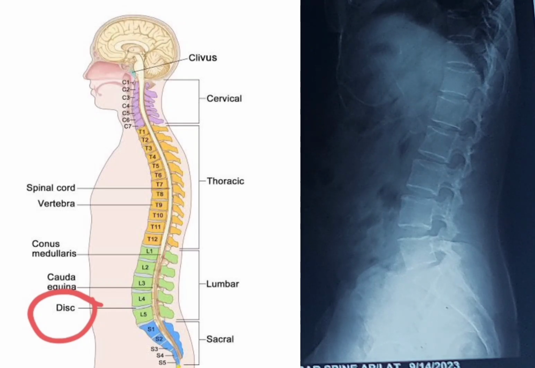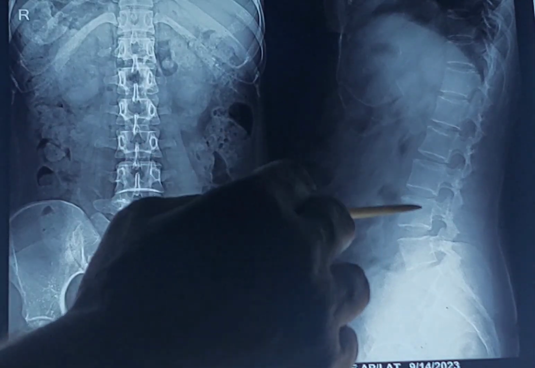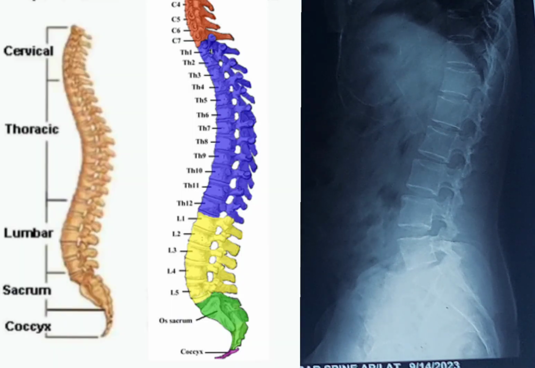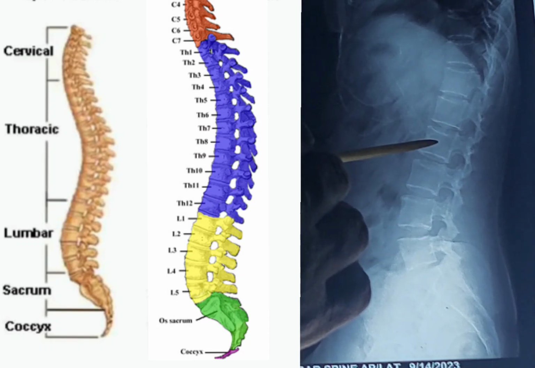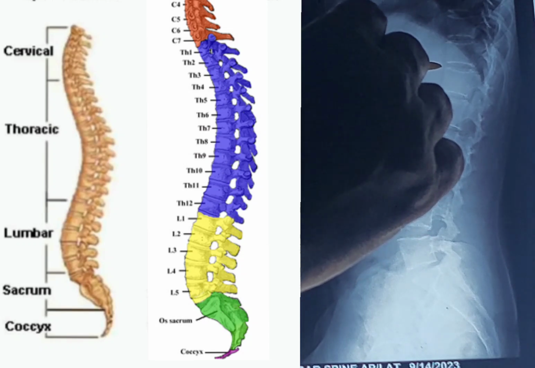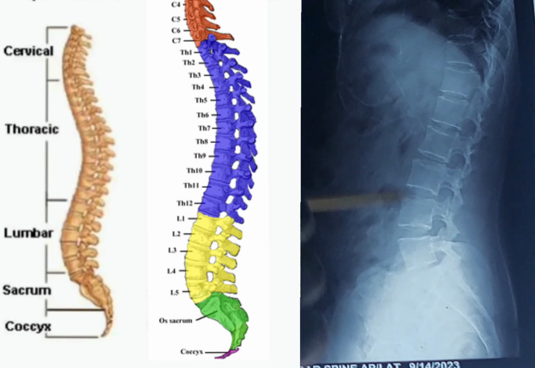And the lumbar curvature extends from the 12th thoracic to the 5th lumbar vertebra. So this is the 5th lumbar vertebra, 5th, 4th, 3rd, 2, 1, and this 12. So the curvature starts from the 12th thoracic to the 5th lumbar vertebra.